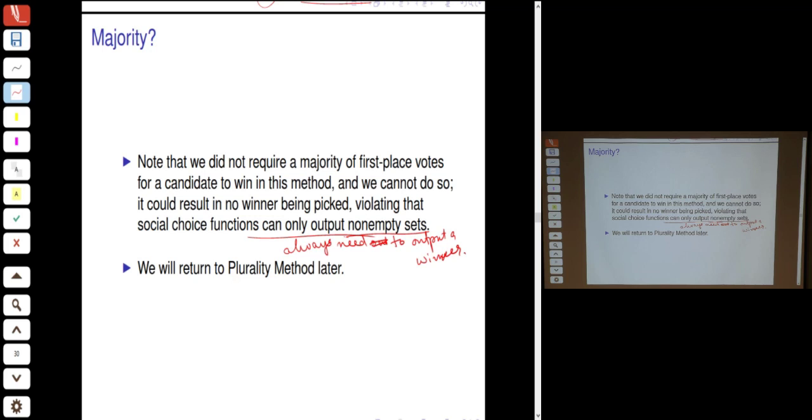Majority is not a feasible option as a social choice function when there are more than 2 candidates, because the social choice function always needs a winner. In any election, you want to design a voting method such that there is at least one winner. We will return to the plurality method later.